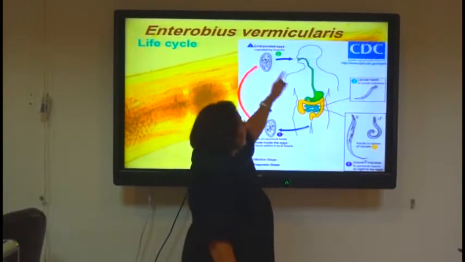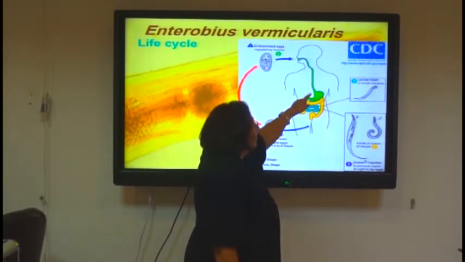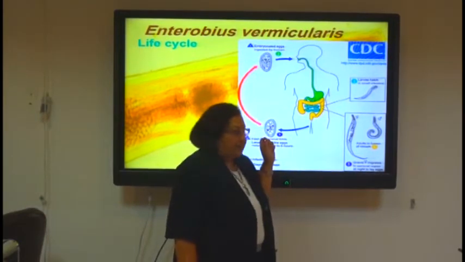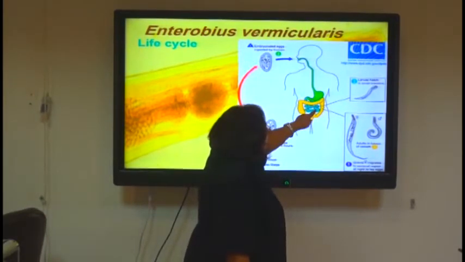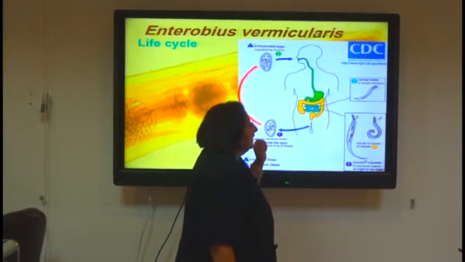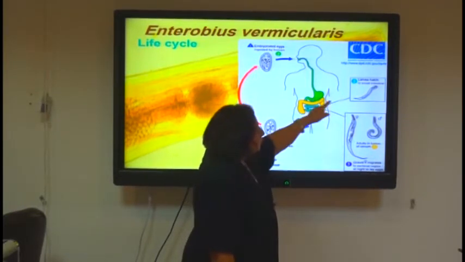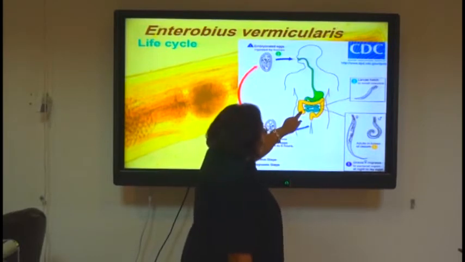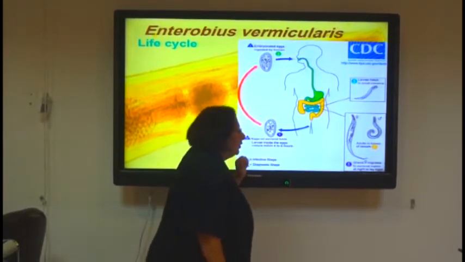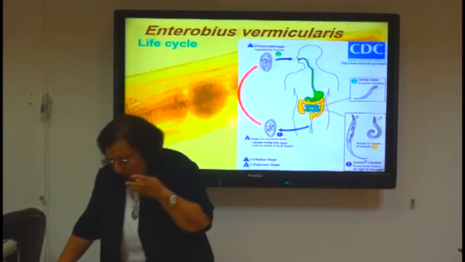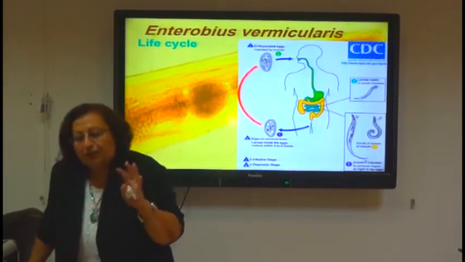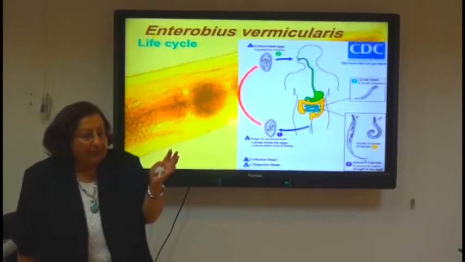Once the egg enters the gastrointestinal tract of the person, it comes into the small intestine where the egg hatches, giving rise to larvae. These larvae move until they reach the large intestine where they mature. The maturation period takes around 2 weeks to 2 months.